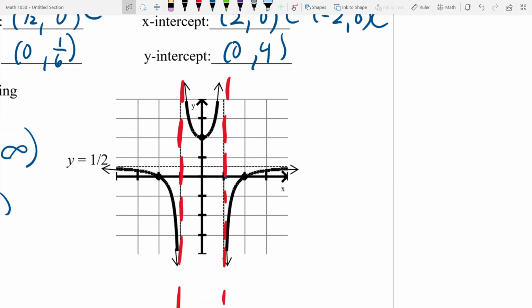See all this stuff I'm touching with my hand? Don't even look at it. It's invisible. You're looking here. So as it approaches here, it goes down. As the graph approaches this asymptote, it goes up. So it goes up that way and down that way. Now tell me. Odd. Good.